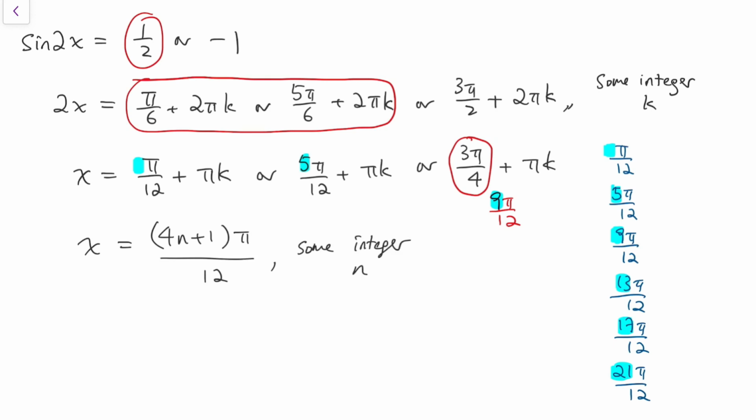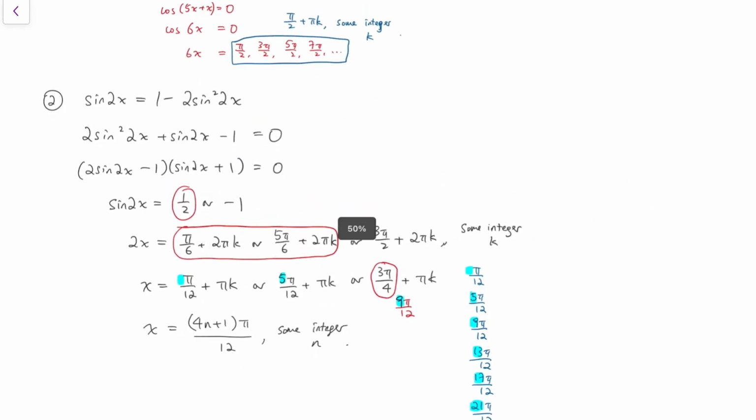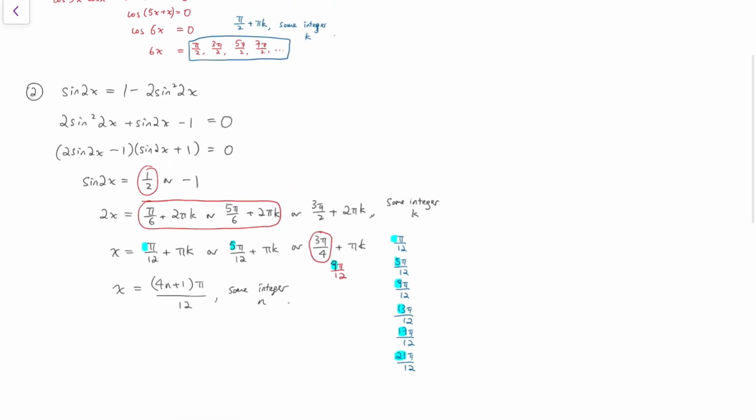some integer n. So now we have two groups of solutions for each of the two equations. On one hand we have x equals pi over 12 plus multiples of pi over 6.